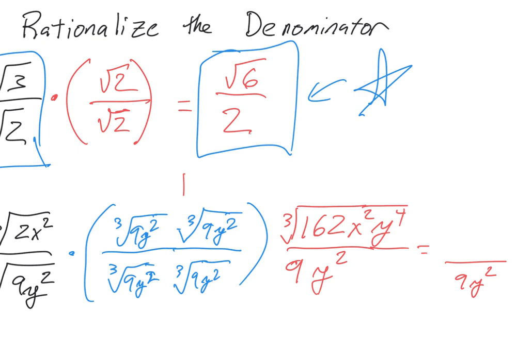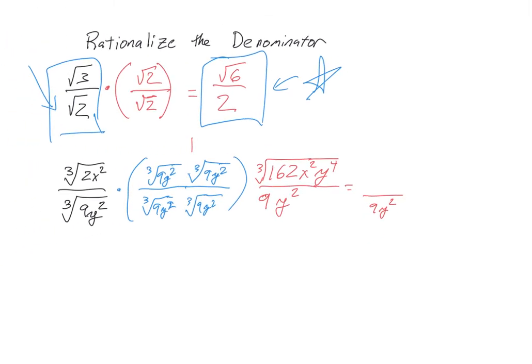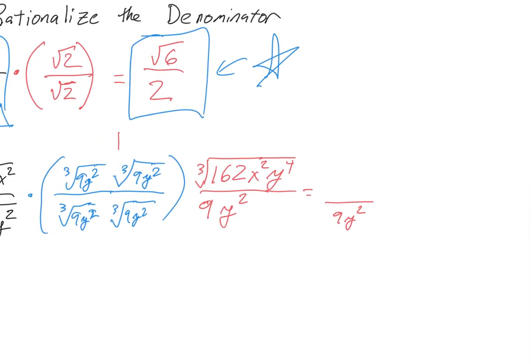So, I actually need more space than this. We'll go like that. So 162 is divisible by 27, and the answer to that is 6. So I'm going to rewrite the cube root of 162 as the cube root of 27 times the cube root of 6.